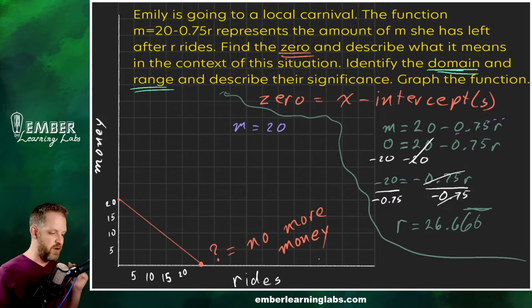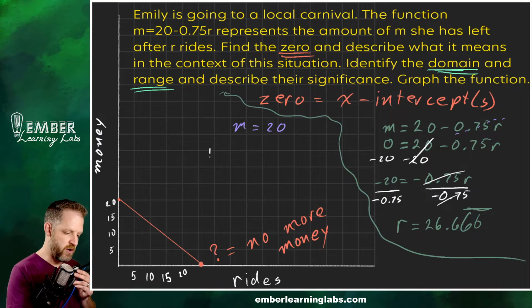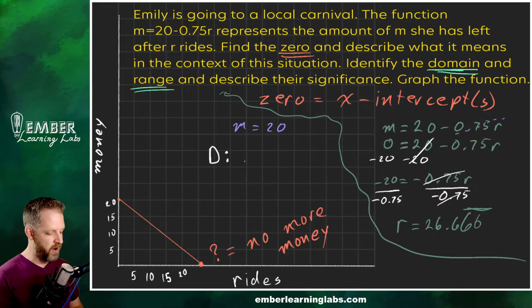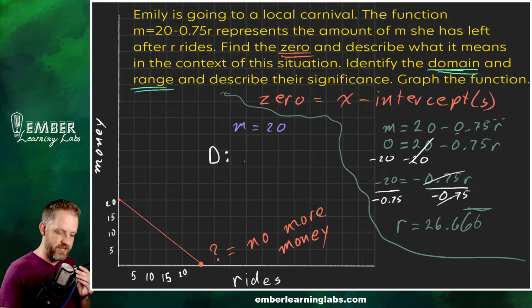So what is the domain in this problem? The domain is what x can be, or in this case, what r can be. The domain runs from 0 to 26.7. Now, she can't ride a third of a ride, so she's actually only going to be able to ride 26 rides.